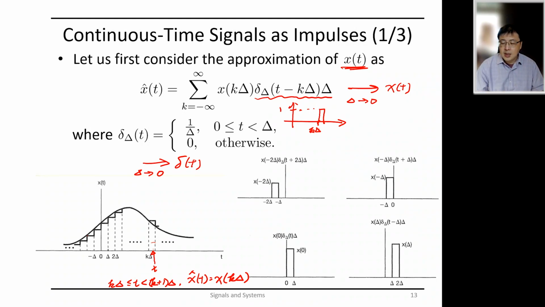Again, if you view the input as a superposition of these very short pulses, then the output should be the same superposition of the corresponding responses of these very short pulses.